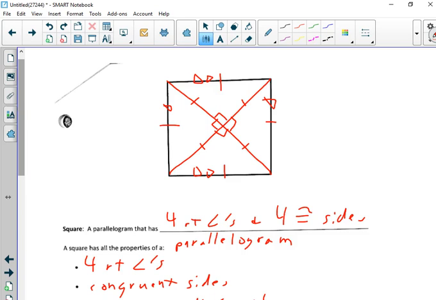So, very special property. And again, the angles on the corners are bisected. So, they're split 45. So, if you notice, each of these triangles is a 45, 45, 90. Four isosceles triangles.